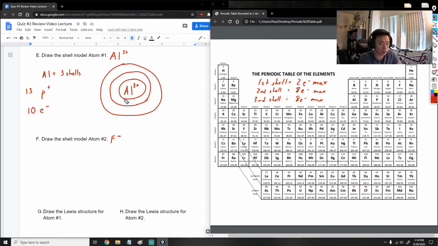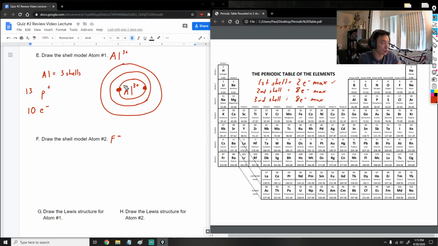So we can start drawing those out. We always want to start from the inside out. Okay, we have 10 electrons, so let's draw them. We're going to draw 1, we're going to draw 2. But once we draw the 2, we can't put any more in the first shell, because the first shell can only hold 2 electrons. Okay, so we're done with that one. Now we've got to move on to the second shell.